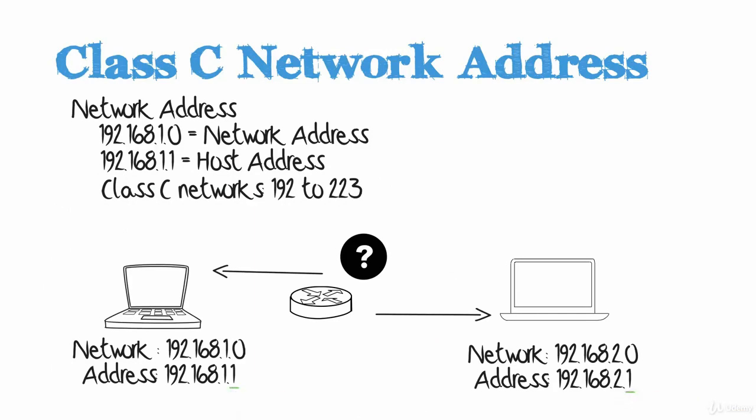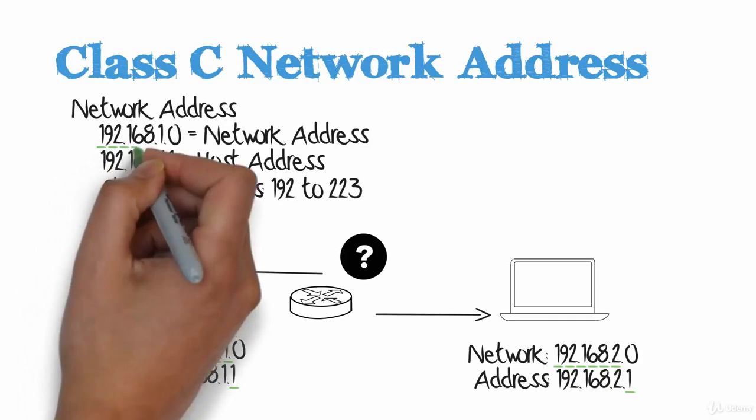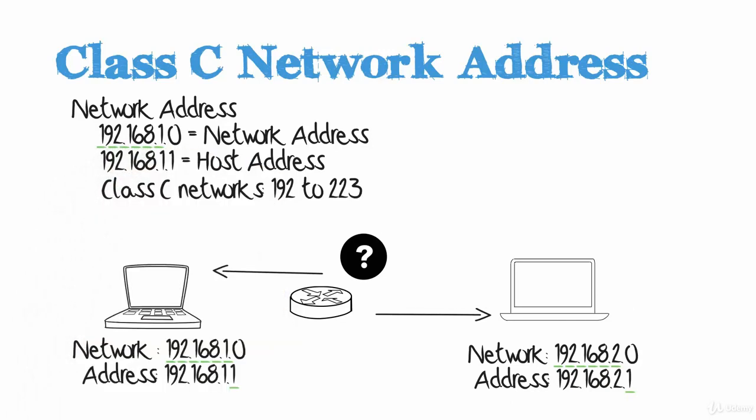But the network portion of these two host addresses is different. On the left-hand side, we have 192.168.1, and on the right-hand side, we have 192.168.2. In Class C addresses, the first 24 bits, or the first 3 octets of an address, denote network, and the last octet, or last 8 bits, denotes the host portion in a Class C network.